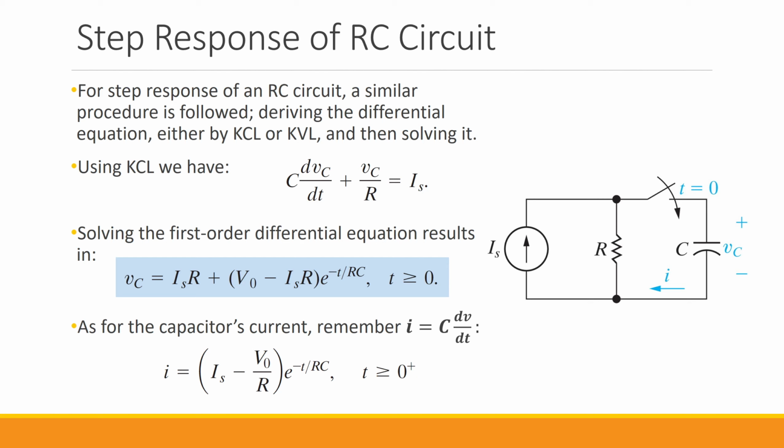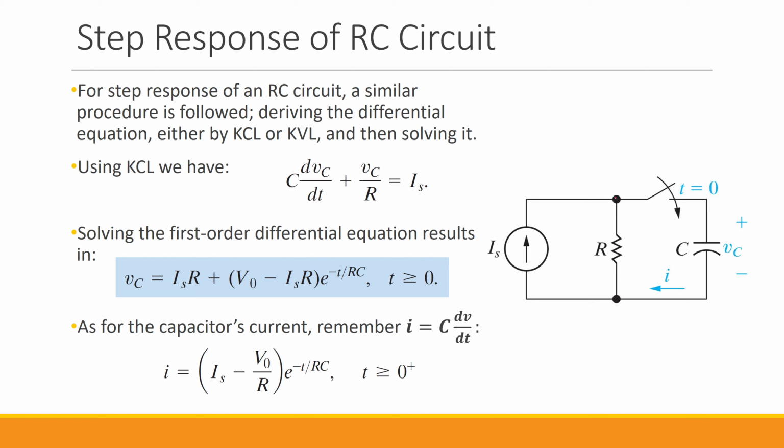We derive the differential equation either by KCL or KVL, and then we solve it. So here you see a very basic example of such a circuit. We have this current source IS in parallel with R, and then at time t equals 0 we introduce this capacitor to the circuit.